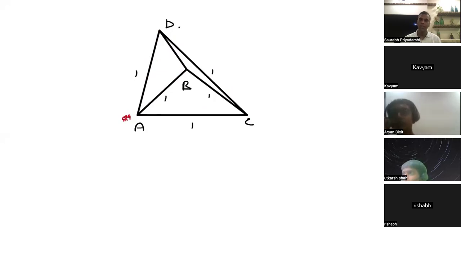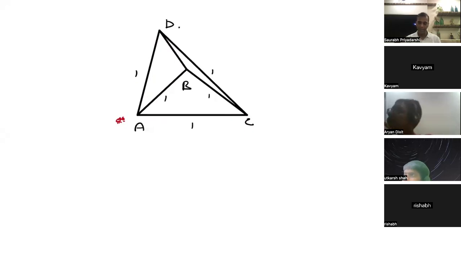So from A it can go to B, or to D, or to C, right? At each vertex it chooses one of the three edges, each being equally likely. Equally likely means in the same manner it can go to B or C or D, and crawl along the edge to its opposite end. It will start from A and has to reach those points.